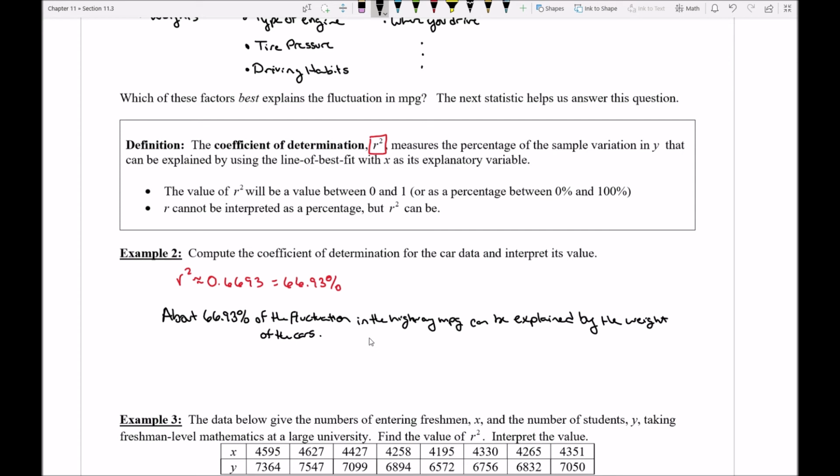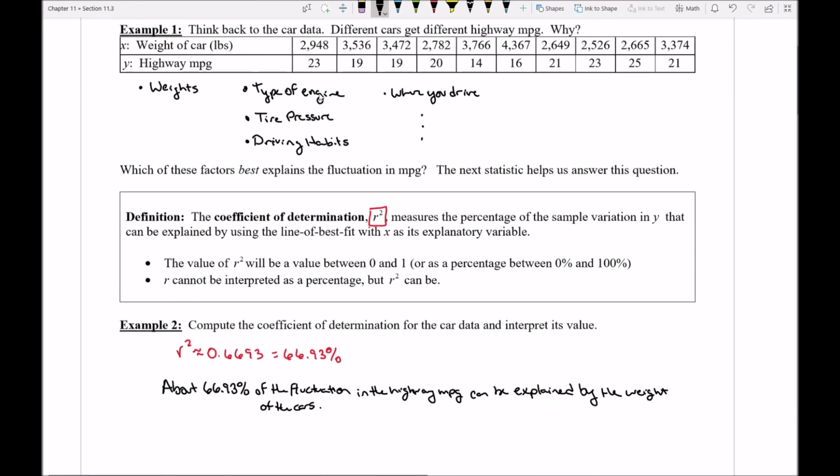So again, the Y values up here were changing, and how responsible is weight for those changes? Well, it's responsible for about 66.93% of the change, at least as far as we can tell.